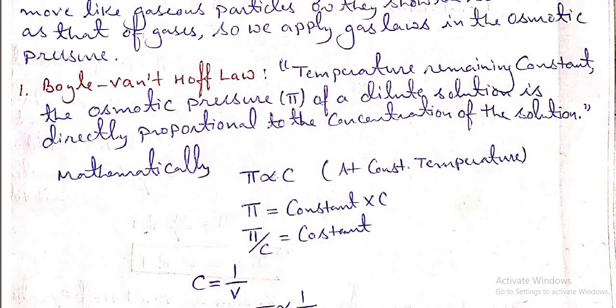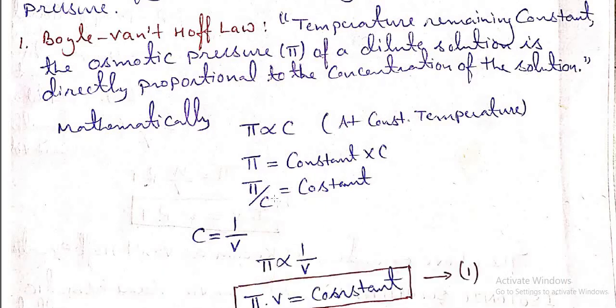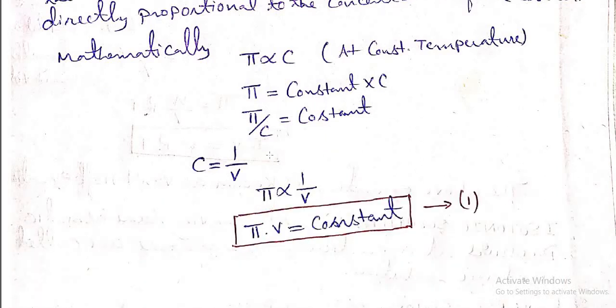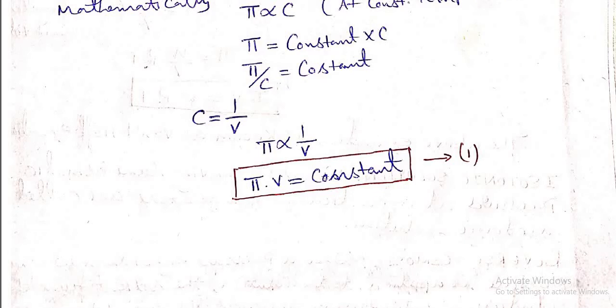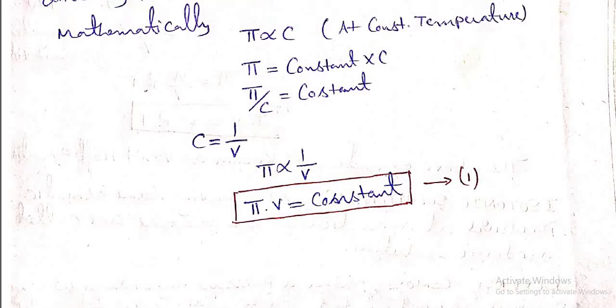So when you remove the proportional sign, we put a constant, and so we can write pi by C equals constant, whereas we know concentration is equal to n by V, that is number of moles per volume. So pi is inversely proportional to volume. So pi equals constant by V. When you cross multiply, it becomes pi into V equals constant, which is the Boyle-Van't Hoff equation.